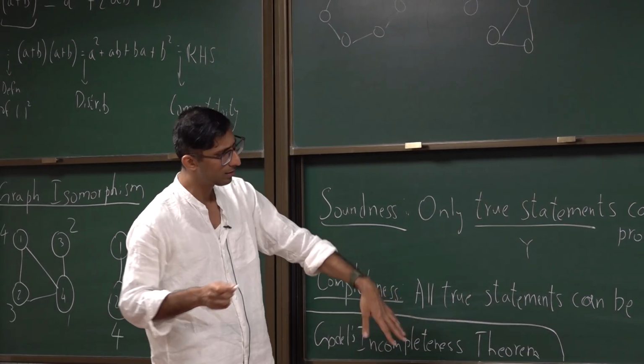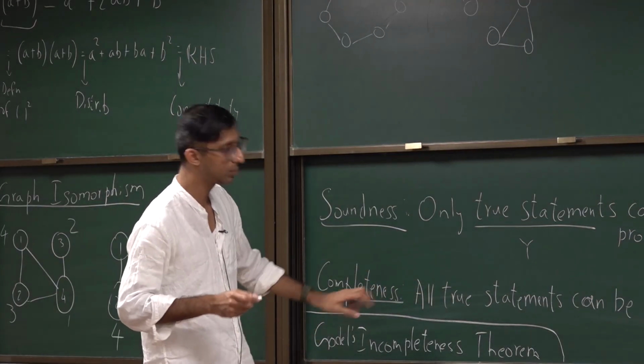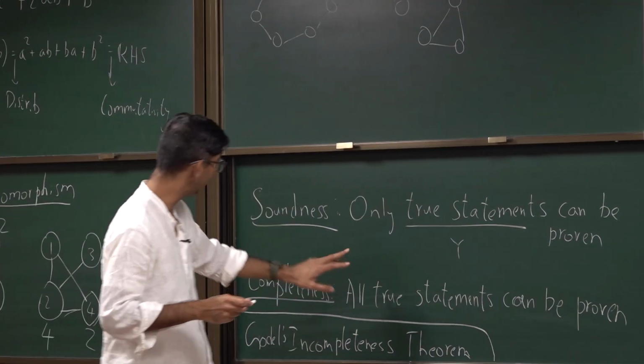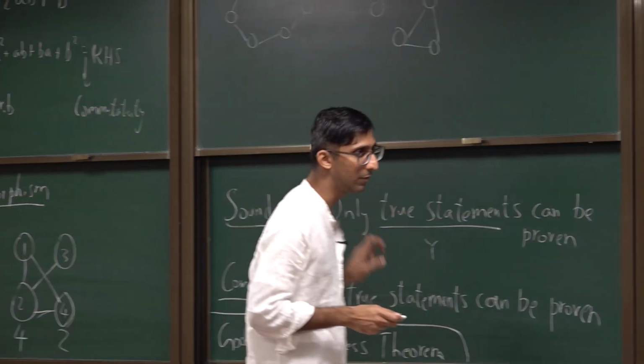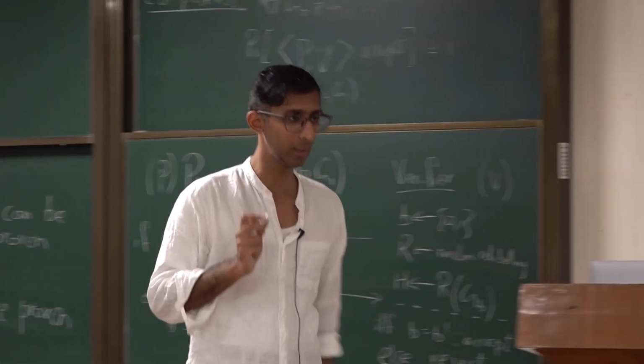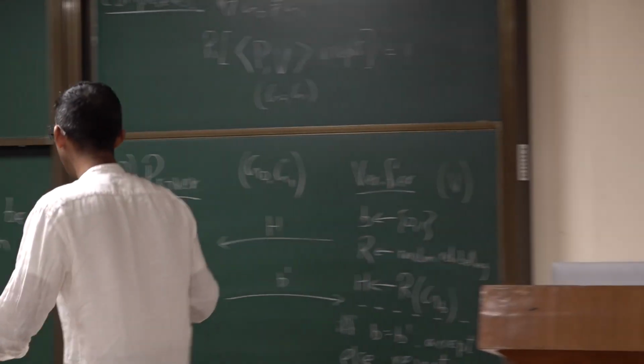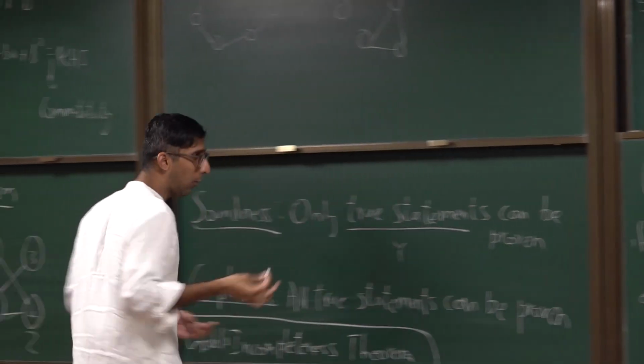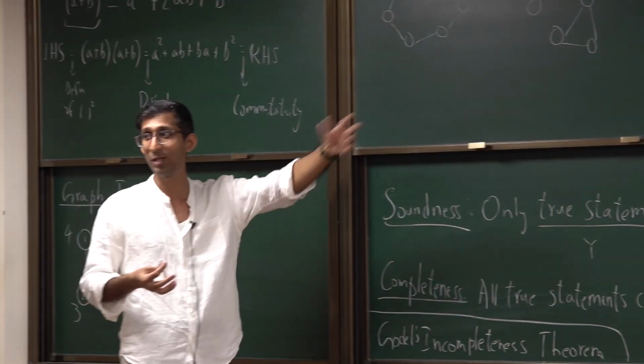So here I should really restate this a little bit. Instead of saying only true statements can be proven, I want to say it differently. I want to say no false statements can be proven, because there are statements that are neither true nor false, which are the statements that are not in the promise, right?